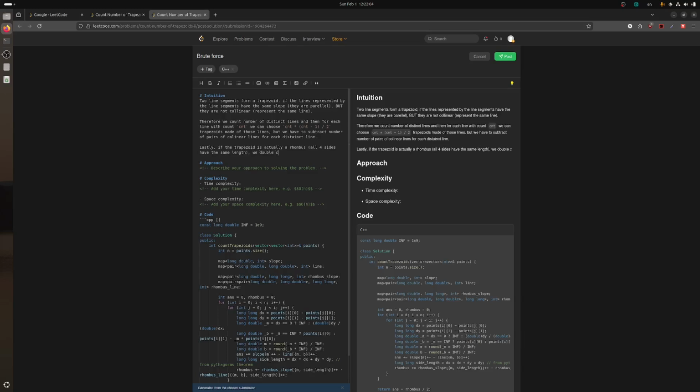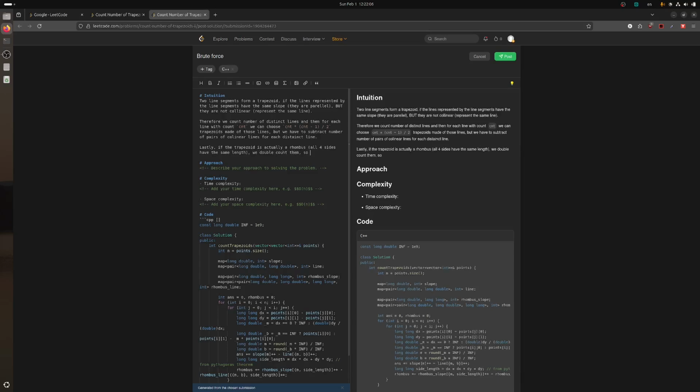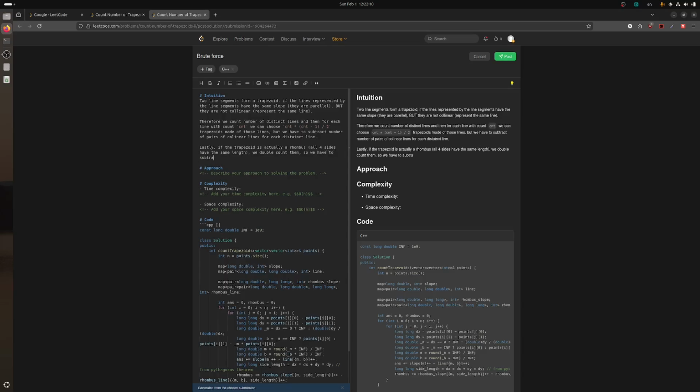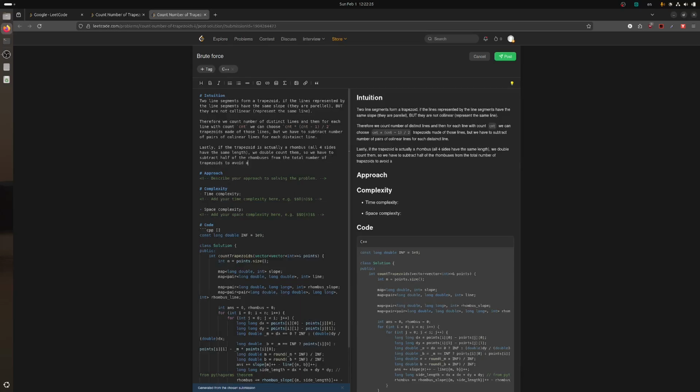We double count them, so we have to subtract half of the rhombuses from the total number of trapezoids to avoid double counting to get the final answer.